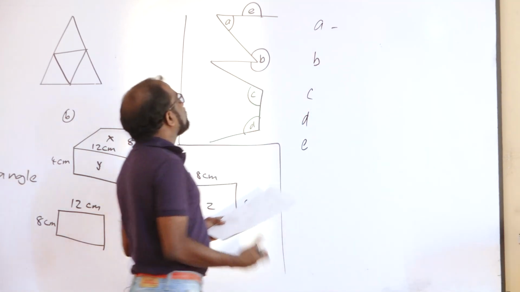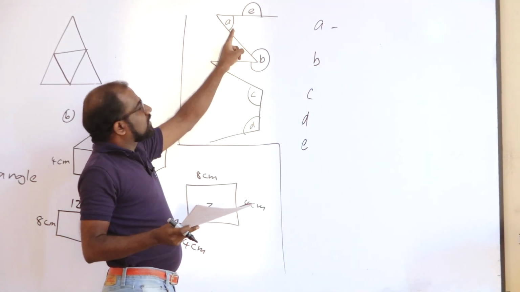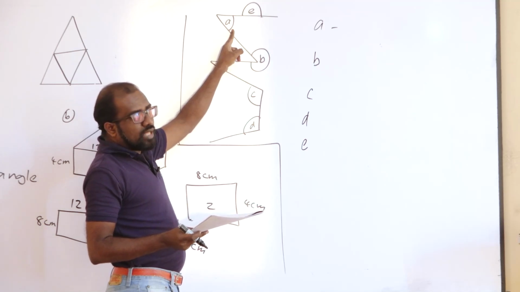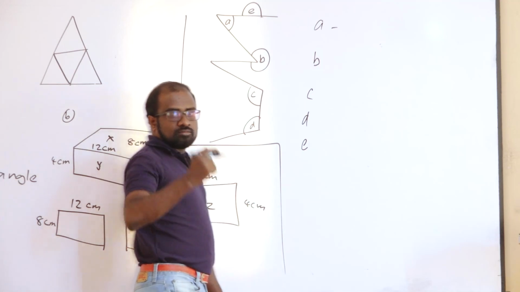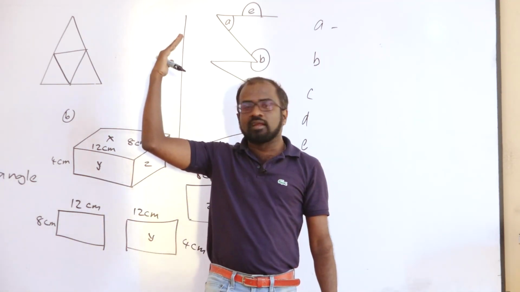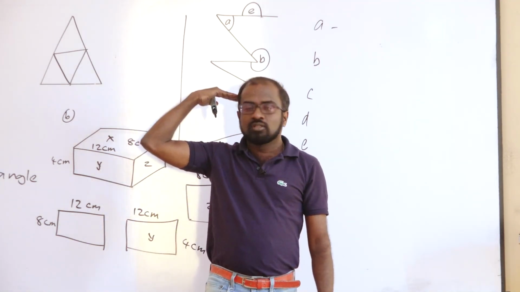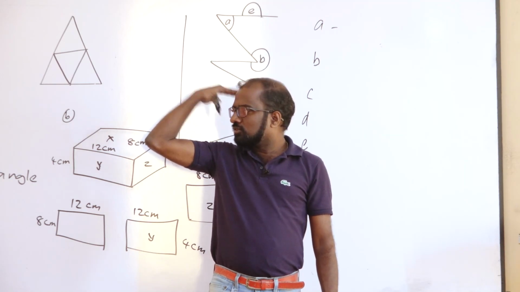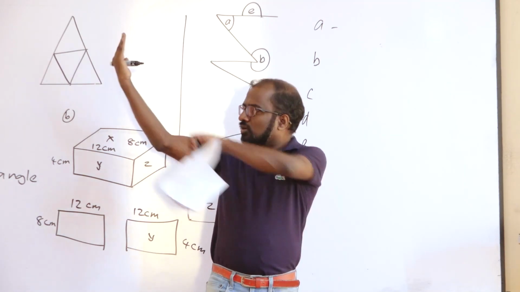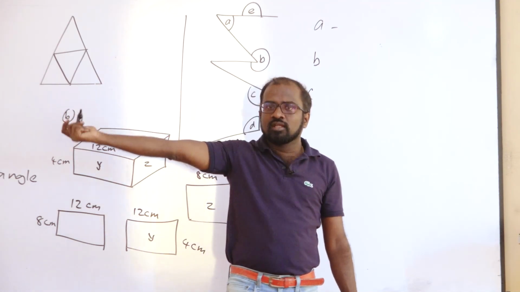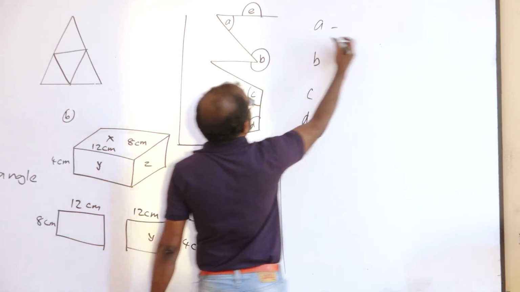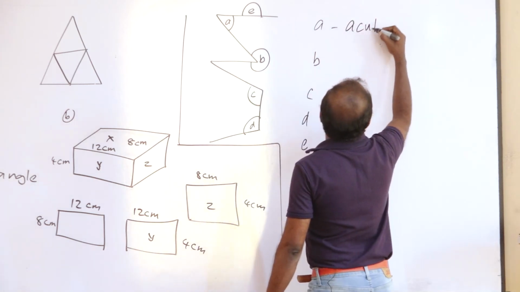So type A, what? This is an acute angle. Then right angle, obtuse angle, straight angle. A is an acute angle.